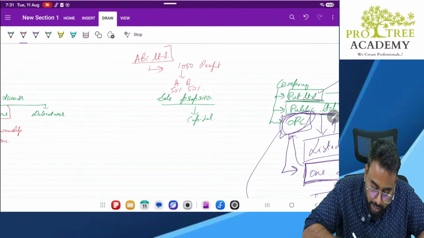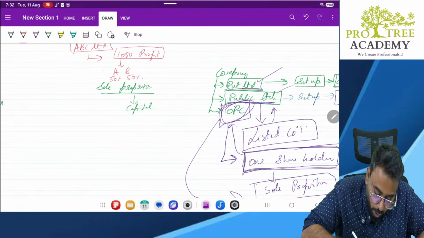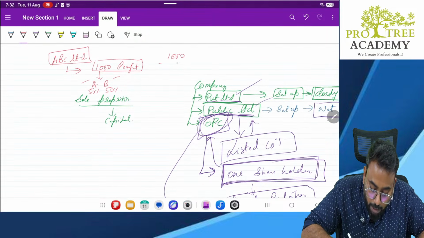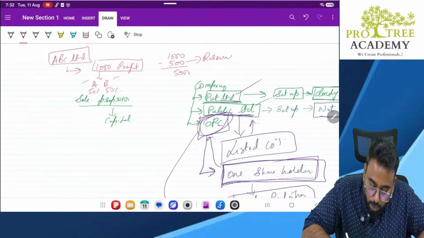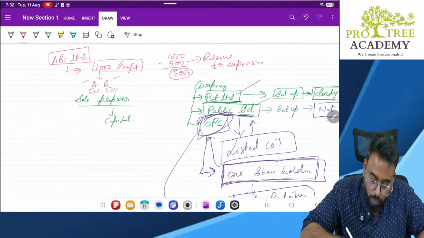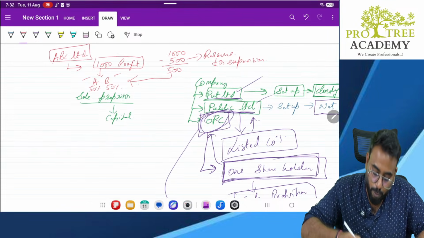The 1,000 rupees profit belongs to the owners, A and B. So out of this 1,000 rupees, we will keep 500 rupees separately as reserve, for expansion of business. The remaining 500 rupees we can give to our owners as profit.